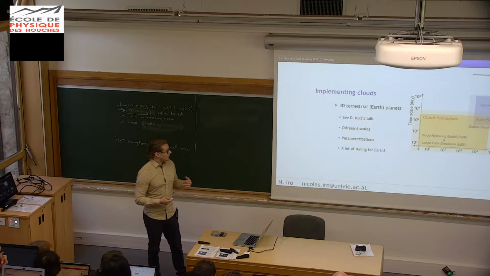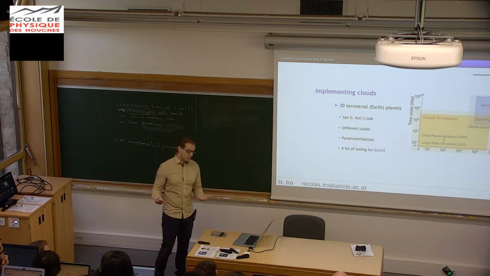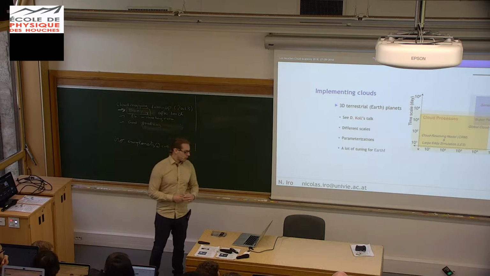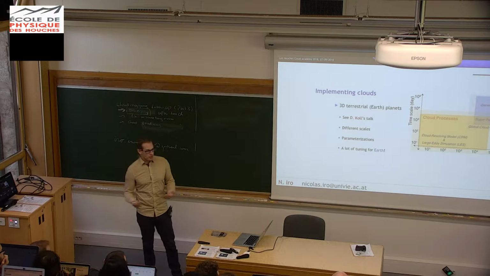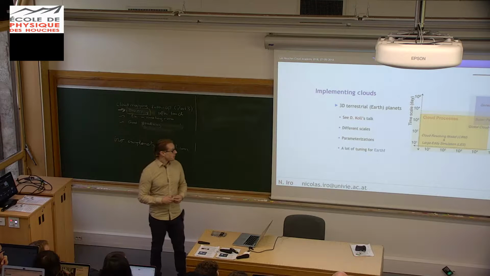So if you want to implement cloud, or if it is already implemented, I have to say I first wanted to try to compare a few GCMs and how they approach the cloud parameterization.